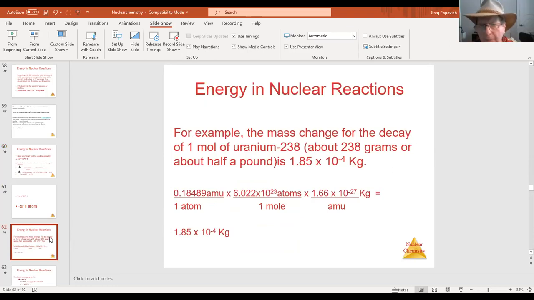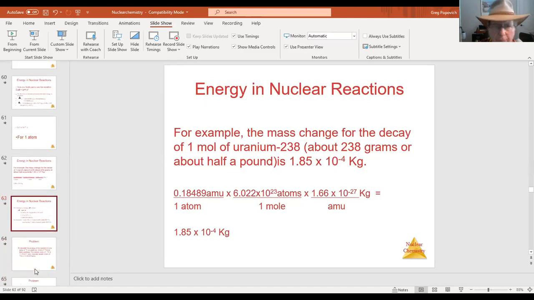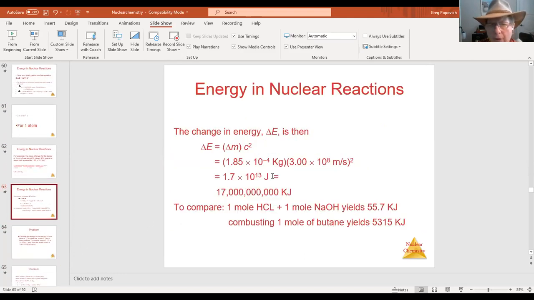So if I'm dealing with 1 atom, this is the number of AMUs per atom. If I have a mole's worth, this means I have 1.85 times 10 to the minus fourth kilograms. If I multiply that times my speed of light, I end up with a whole bunch more.